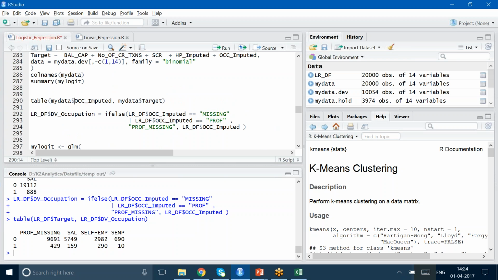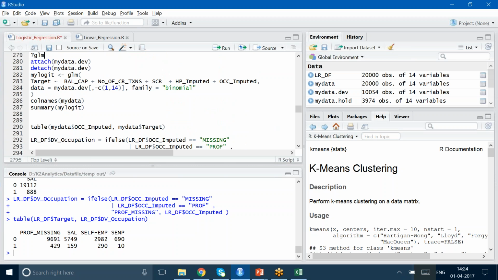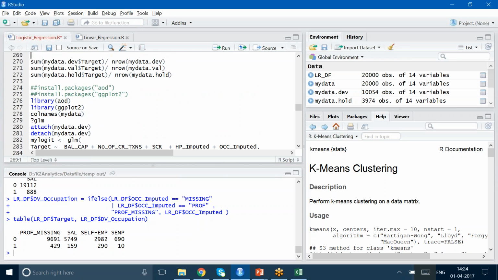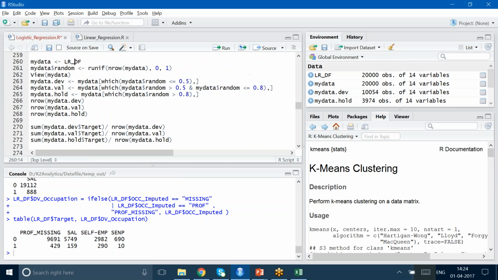I actually changed it to LRDF dv occupation, but I'm building the model on mydata.dev. Because I'm building it on mydata.dev, I need to again create these dev, val, holdout samples. It was a chance thing that I changed the variable and created it in the original data, but I should not be doing it, because now I'm in a development process, not in a validation process.